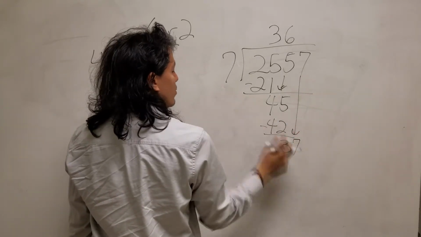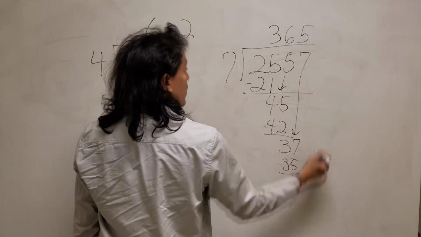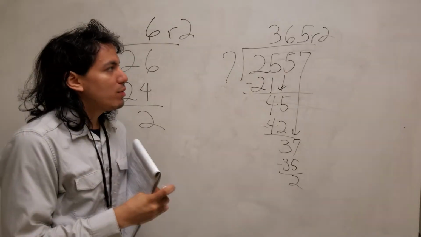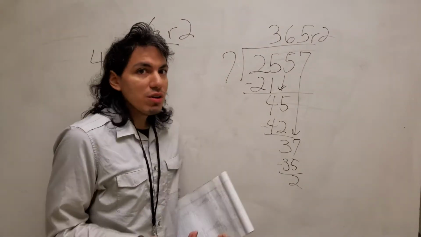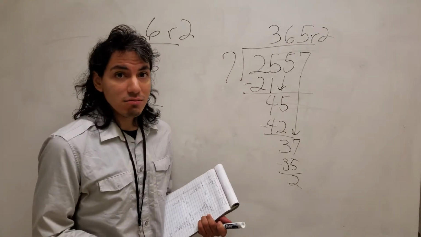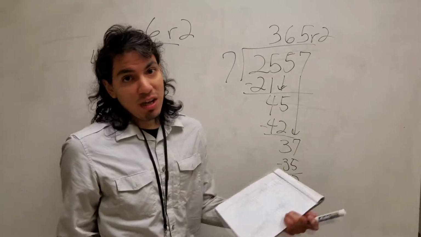And 7 goes into 37 5 times. Remainder 2. Okay? So always remember that, sometimes, I think of it as life. Sometimes you have good days that you divide perfectly, and then some days you just have remainder 2. Yeah, you have to deal with it.